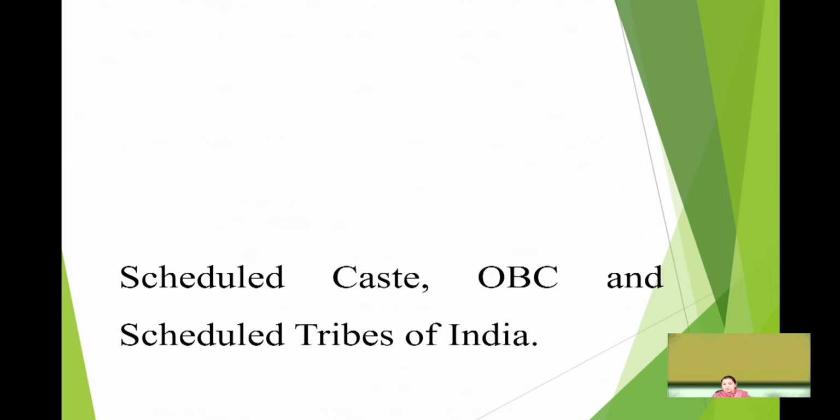One of the important criteria in Indian society is to organize people into various caste groups. We have told that caste is a group of people who share their origin from a common ancestor, and in Indian society there are hundreds and hundreds of castes.